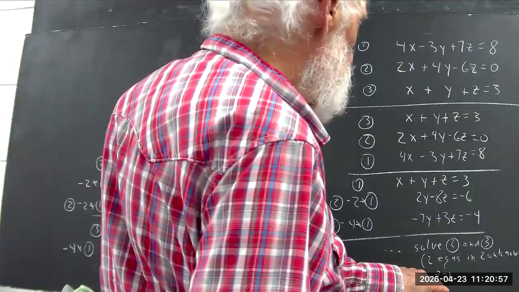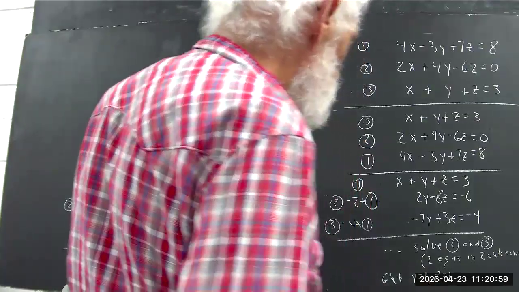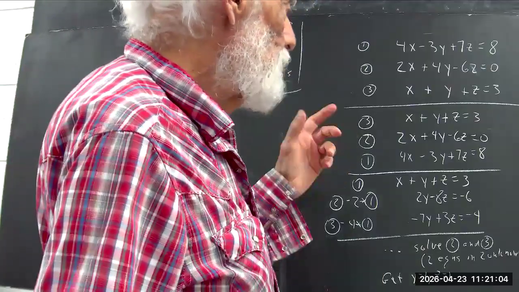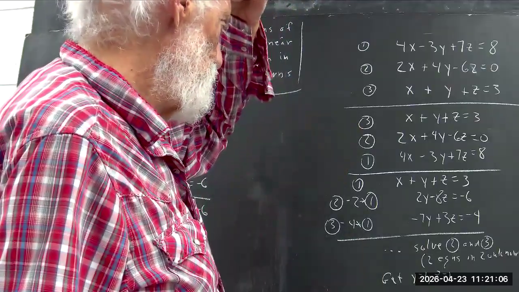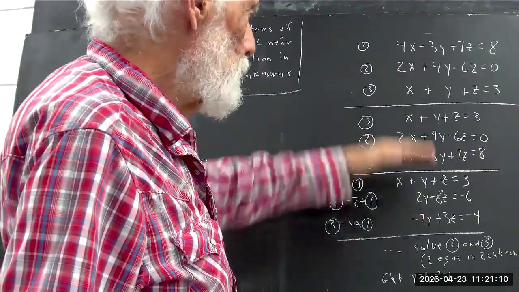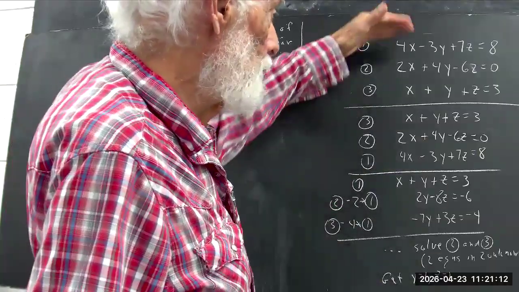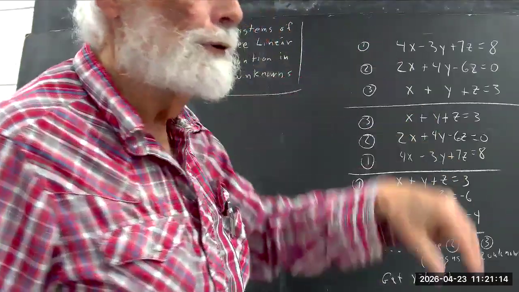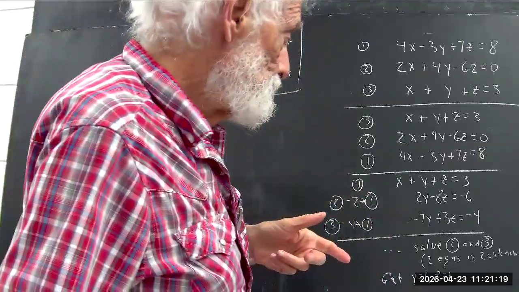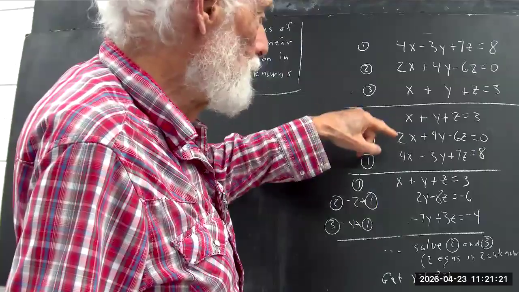So now we're stuck with substituting y equals 1 and z equals 1 into an equation. We don't want to substitute it into one of the equations that we got after the first step. We want to substitute it into one of the original equations. Now, it turns out that we still got the original equation.